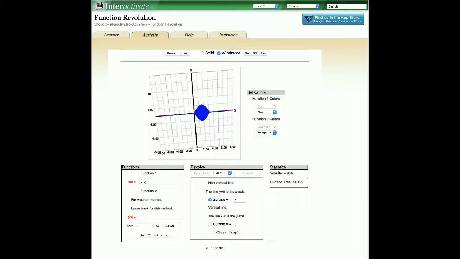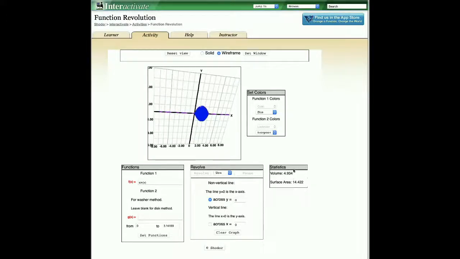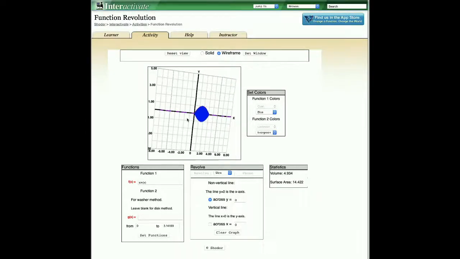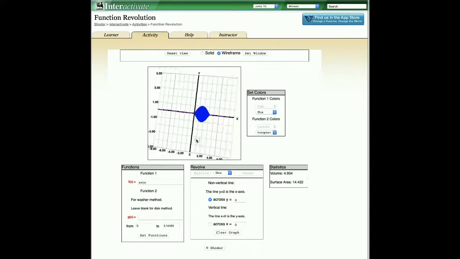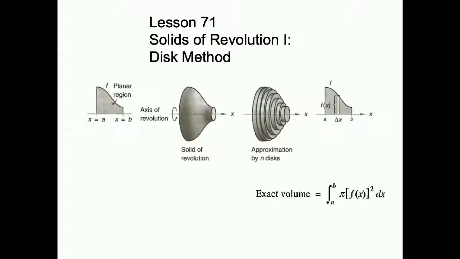Obviously this program can find that for us, but what we're going to be doing is finding the volume of these solids of revolution over the next few lessons. So now you know what we're looking at by looking at that animation.